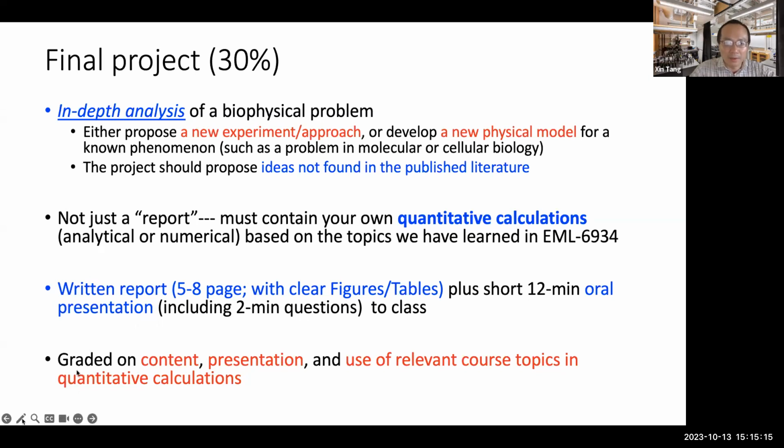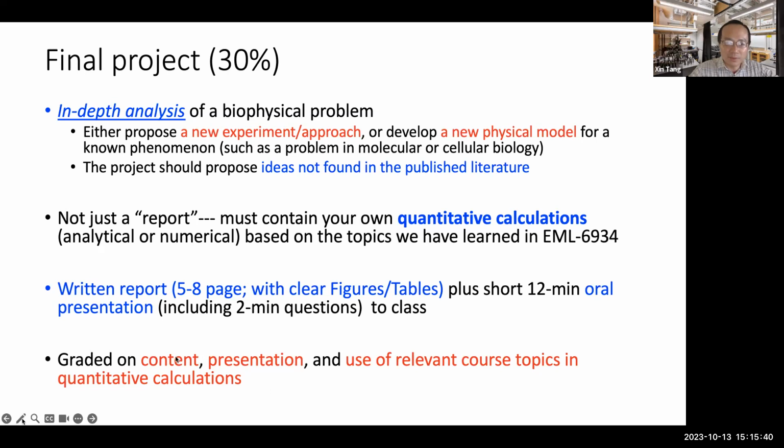The final grade will be based on the scientific value of your work and the presentation quality. How good are you at convincing the audience? The audience will be all your classmates, so you need to make sure all the classmates understand what you're talking about and are interested in your topic.